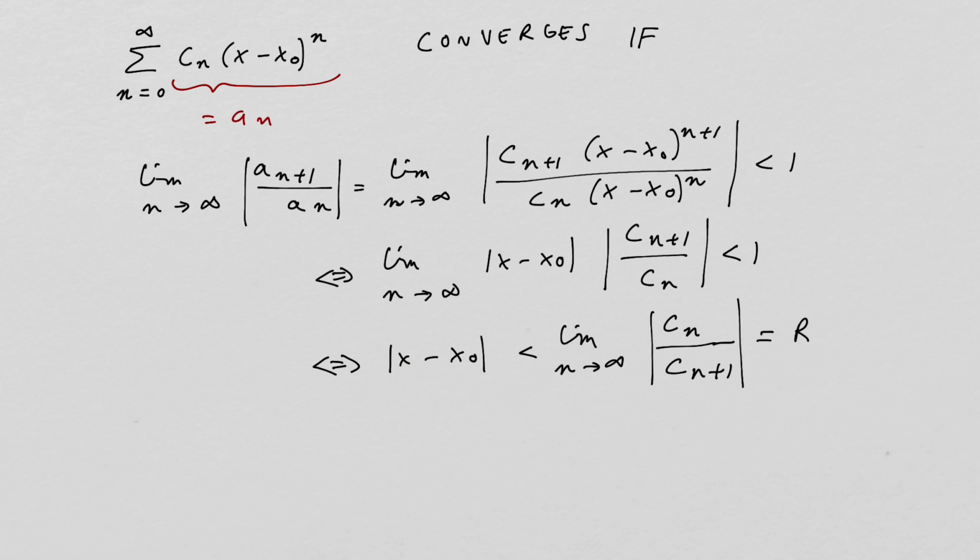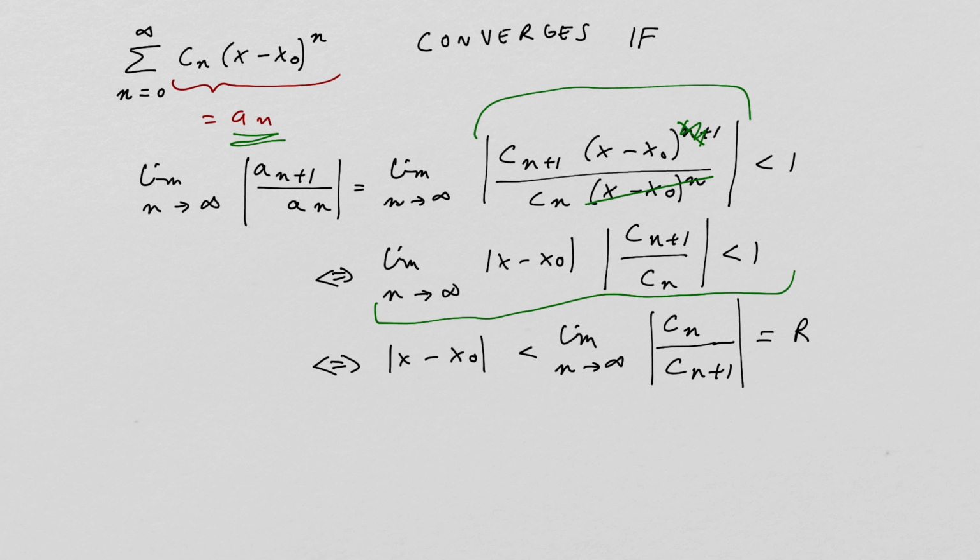So let's take our power series and call the general term a_n. Now a_{n+1} divided by a_n in the absolute values will be looking like this, and we can delete these terms from here. We will have just one term of x minus x0, and we can arrange the thing to be like this.